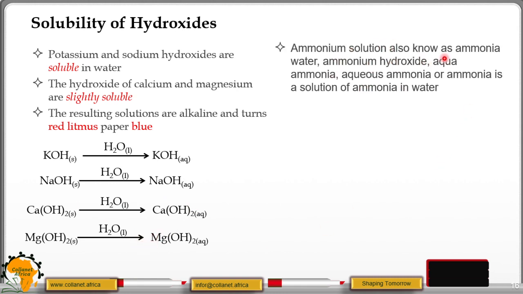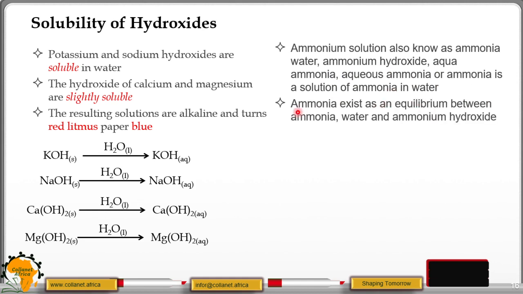Ammonia solution is also known as ammonia water, ammonium hydroxide, aqua ammonia, or aqueous ammonia. It is a solution of ammonia in water, and it normally exists in the form of an equilibrium between ammonia, water, and ammonium hydroxide. So this is the equilibrium equation. We have ammonia in gaseous form and water in liquid form to form ammonium hydroxide.